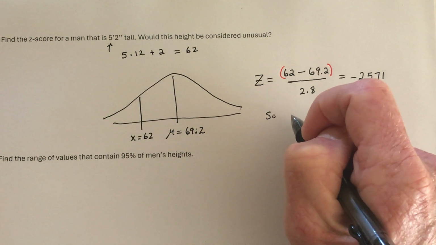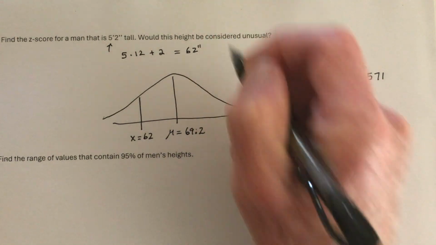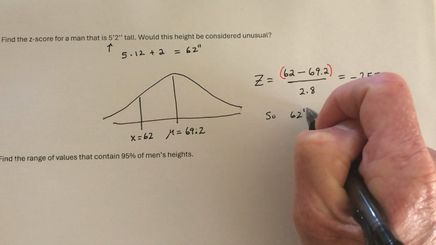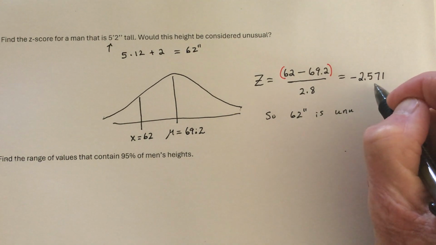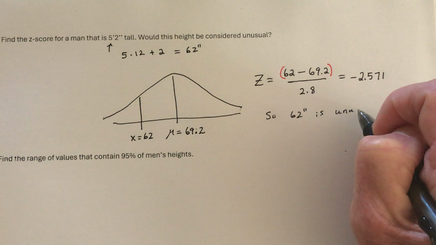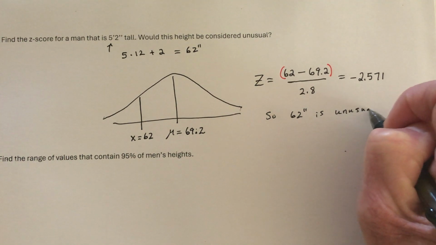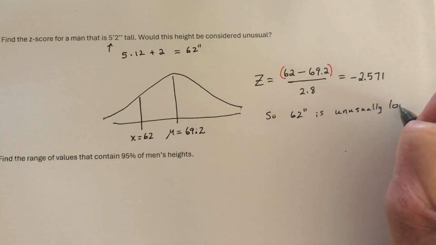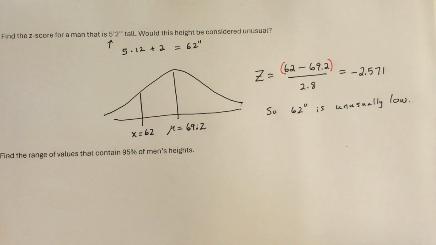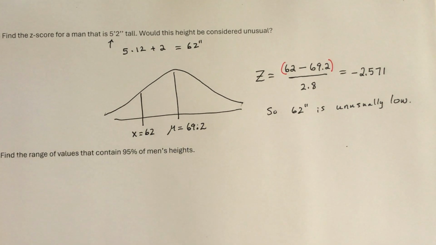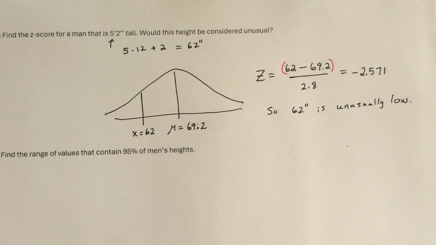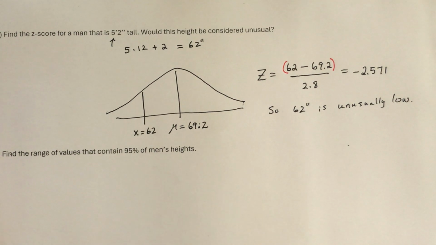So 62 inches is unusual because this went past a 2.0, unusually low. It's pretty far below average for a man to be 5'2". It's not impossible, but it is sort of rare.